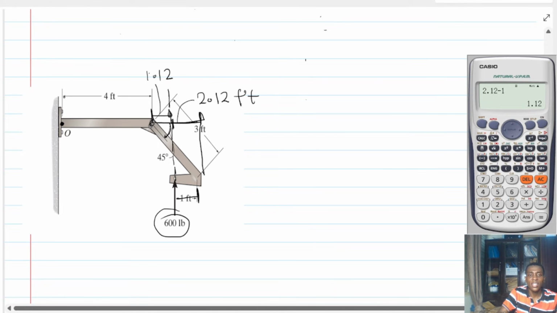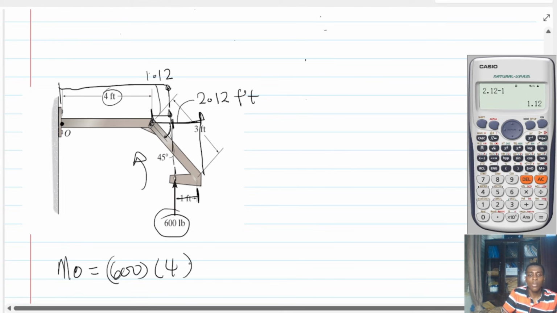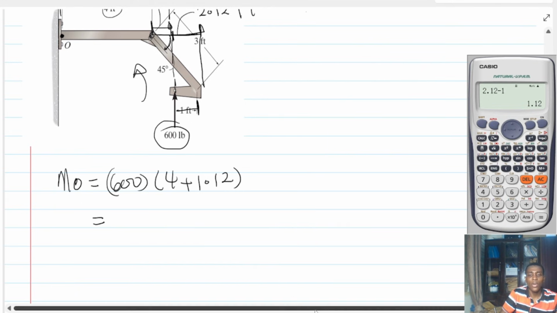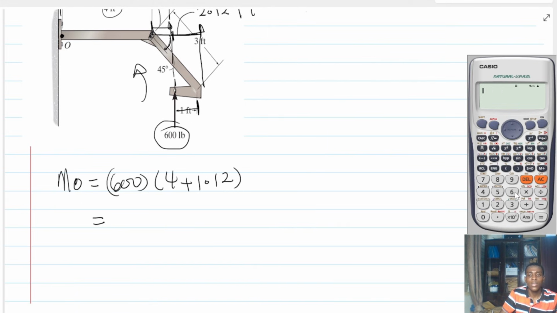If that is the case, then the moment arm is going to be this whole distance, which is 4 plus what? 1.12. And the moment is going to come in this direction, which is counterclockwise. Therefore, the moment about O is going to be 600 pounds multiplied by 4 feet plus 1.12.